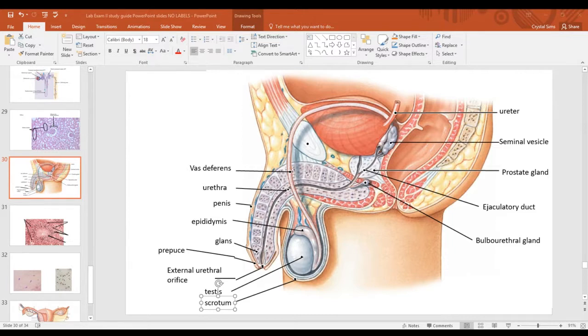And then I've got my urethra. There. And then penis is next. It's not highlighting the entire structure, but that's what that one is. And then next is the epididymis.